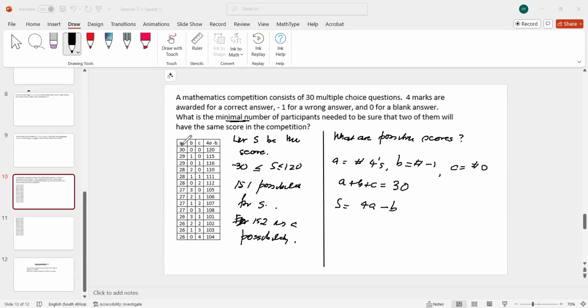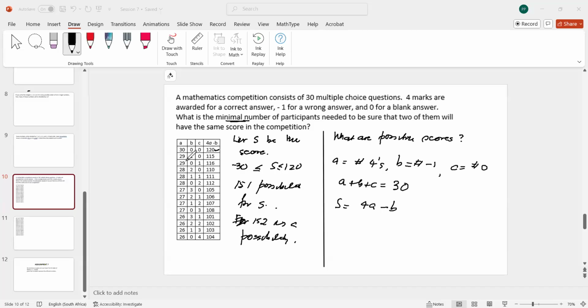In this table, I've got possible values for A, B, C, and 4A minus B, and I've calculated all these. A could be 30, meaning you got all 30 right, no wrong and no zeros, and that's where you get the total score of 120.